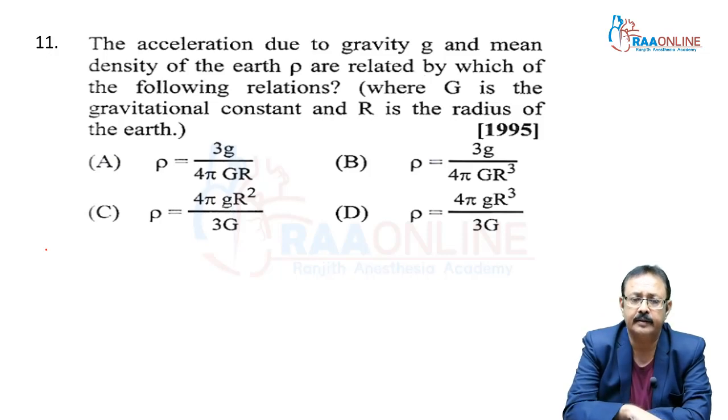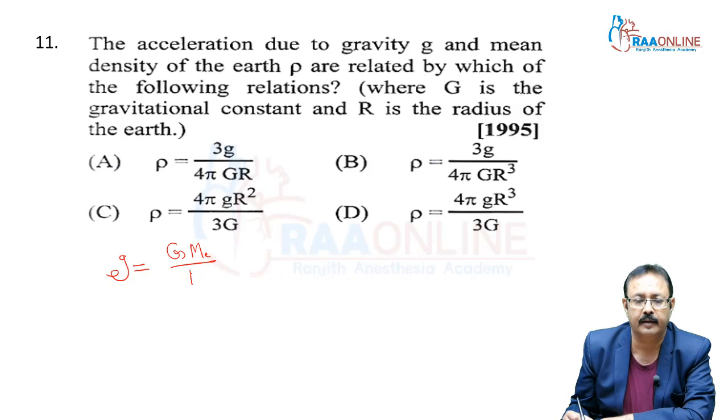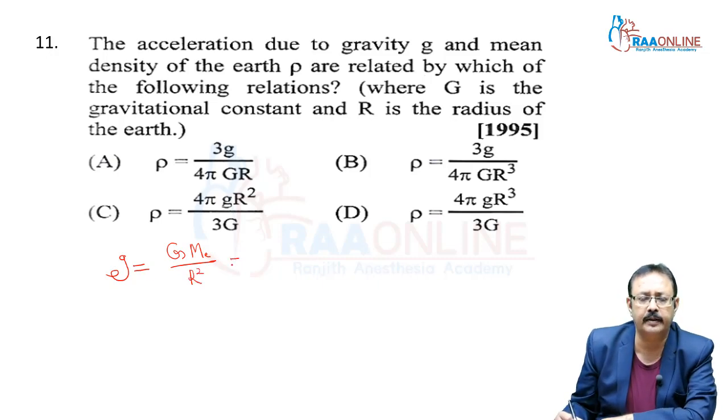We know that the value of g at Earth's surface is g times the mass of Earth upon the radius of Earth squared. They are saying the radius of Earth is r.